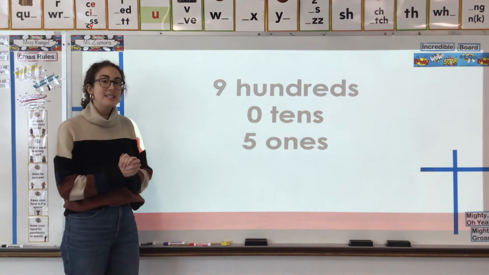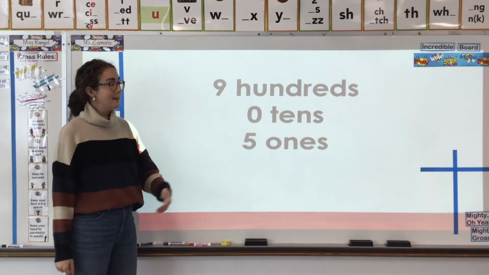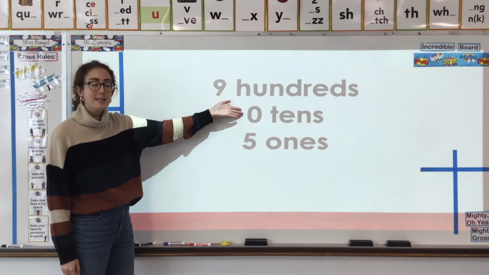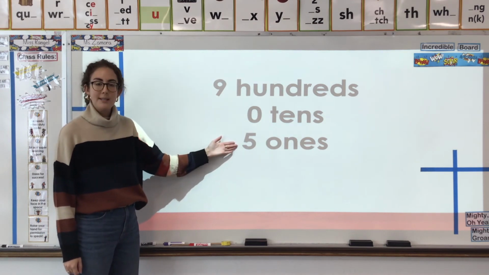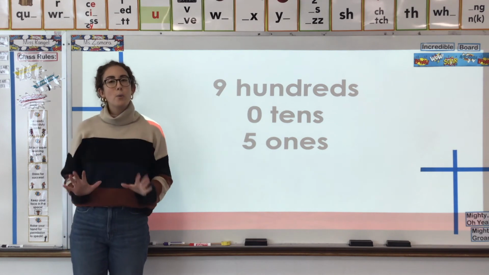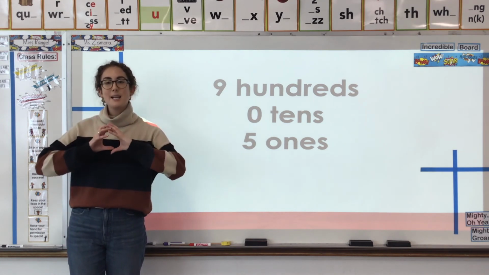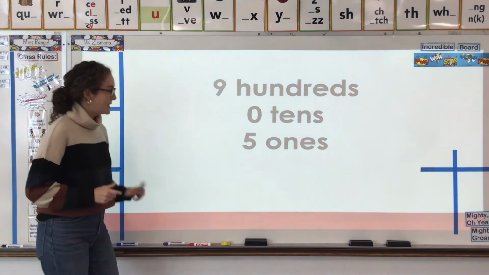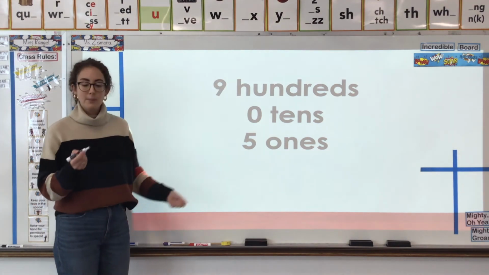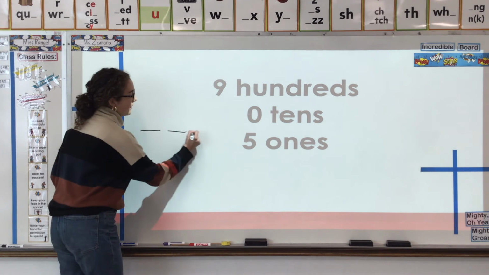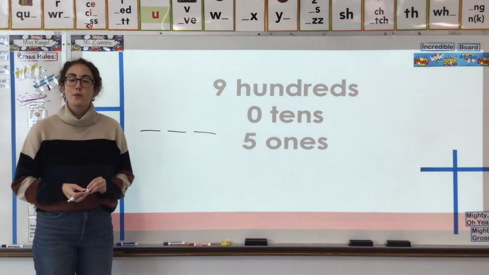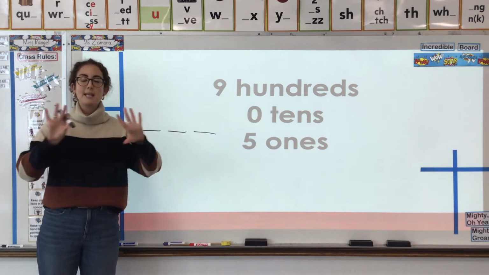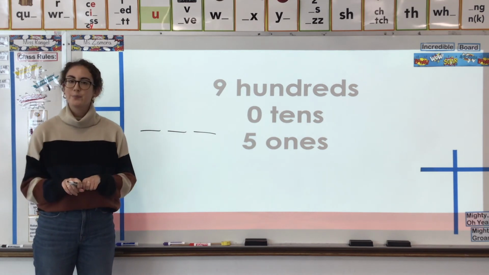So this number right now, we know it has 9 hundreds, 0 tens, and 5 ones. But we have to figure out what is this number as 3 digits in standard form. So let's see. We have 3 different places. We know this number is going to have 3 digits. So can you write that out? Just write 3 little places for 3 digits.